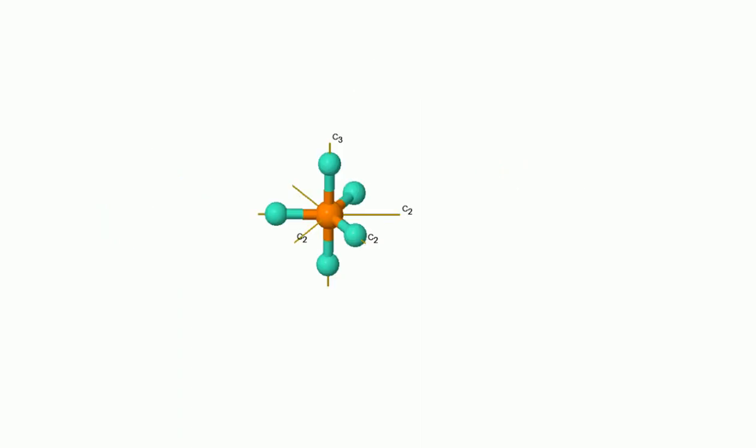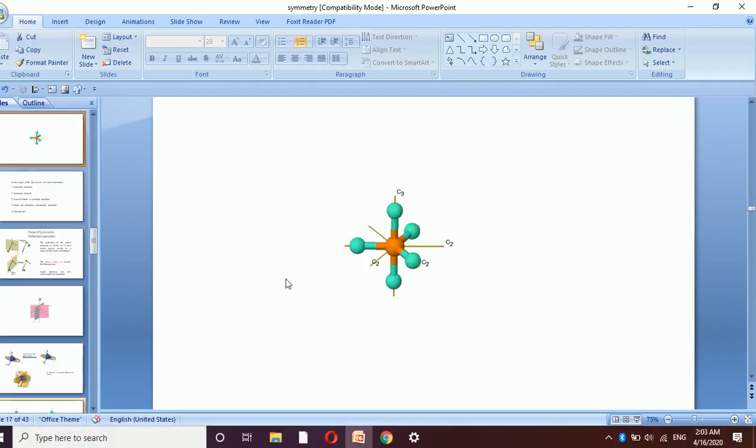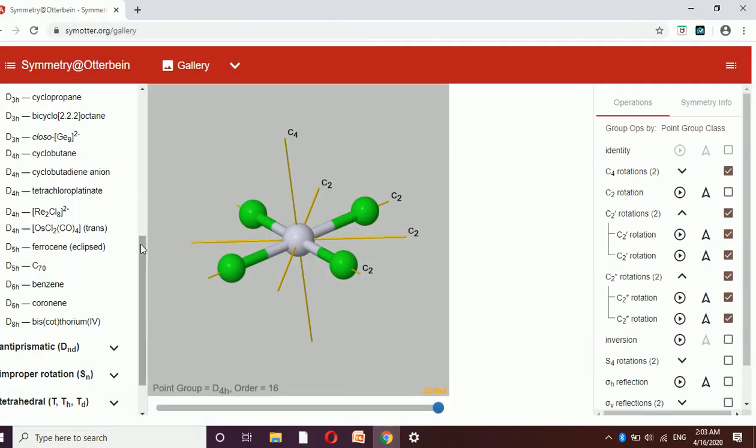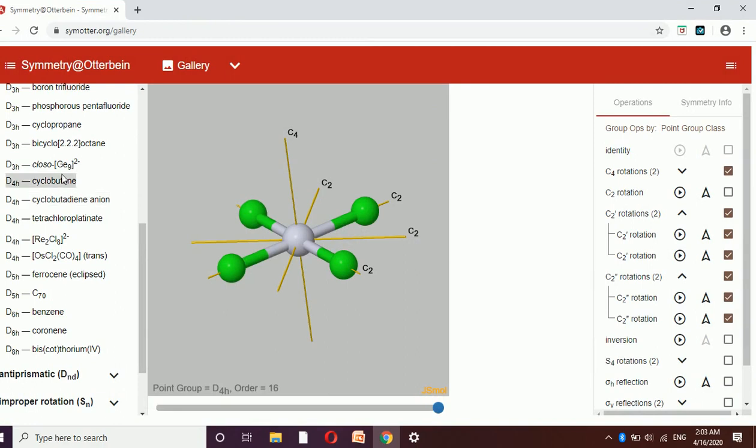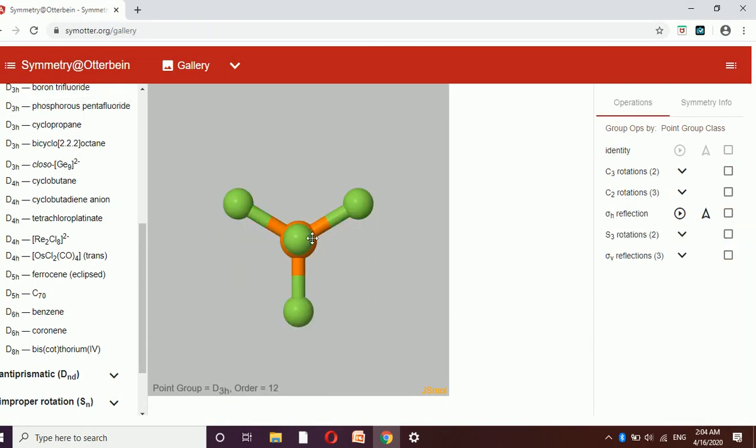If you take an example of PCl5, a trigonal bipyramidal molecule, let me take you to the website. It will definitely be D3h. Phosphorus here. It is phosphorus pentafluoride, that doesn't matter. Yeah, you see the molecule, phosphorus pentafluoride.